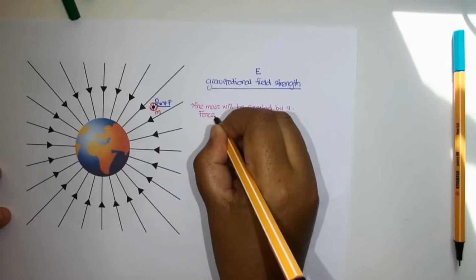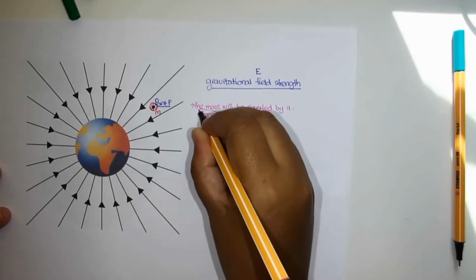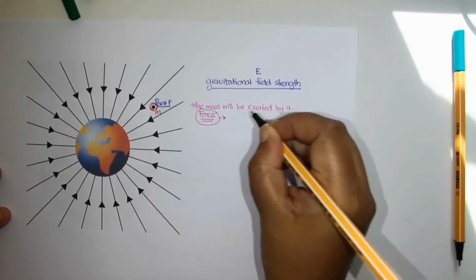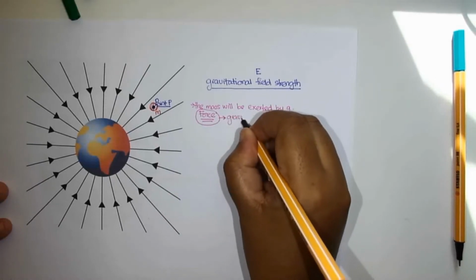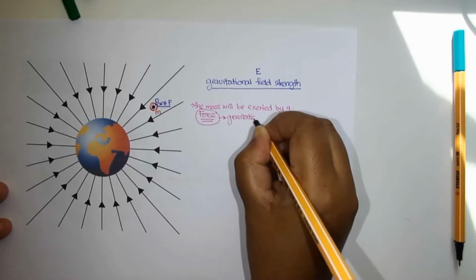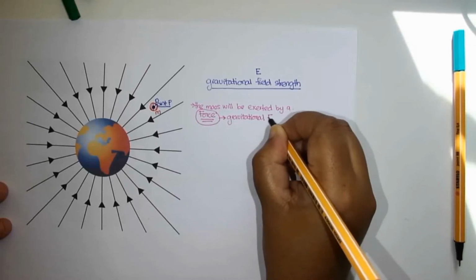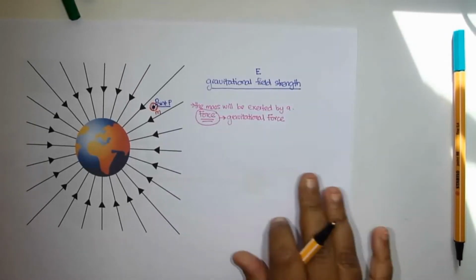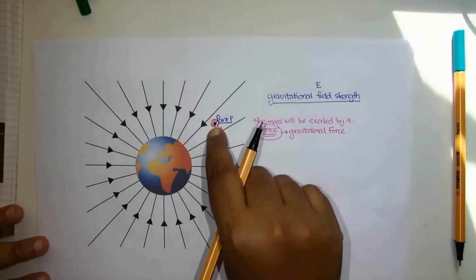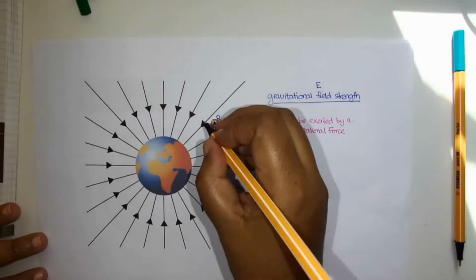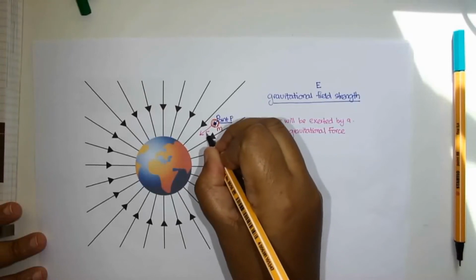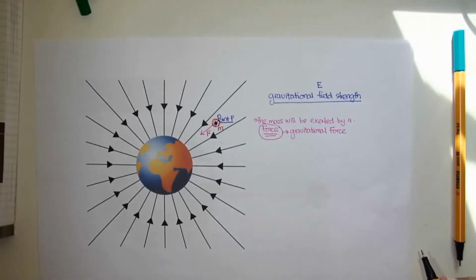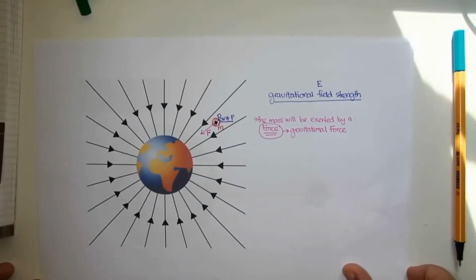Now this force is called a gravitational force. So when this mass has entered into the field, the mass will be exerted by the gravitational force, which is towards the center of the Earth.